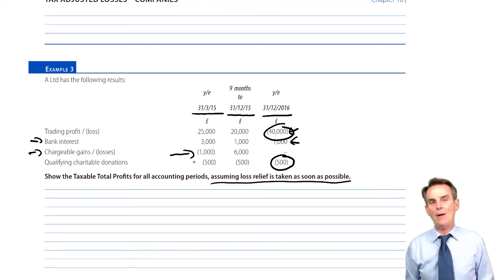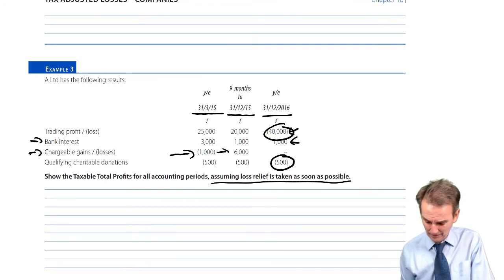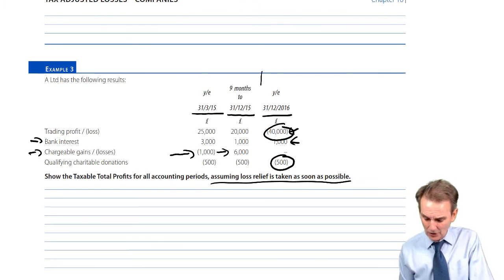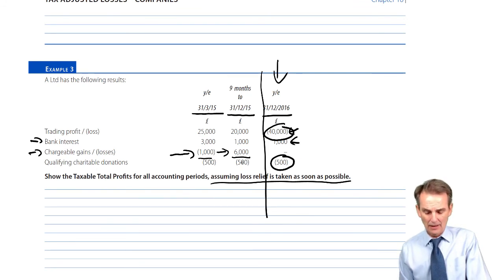Now what happens if you have net capital losses for the period? There's only one thing you can do with them, carry them, which way? Forward. Carry them forward. So before ever you got to this loss-making period here, the previous period, what would have happened? You had a gain of 6,000, you made a loss of 1,000. So that 1,000 will have gone against the 6,000, bringing it down to £5,000. Now you have to be aware of that and you have to deal with it.